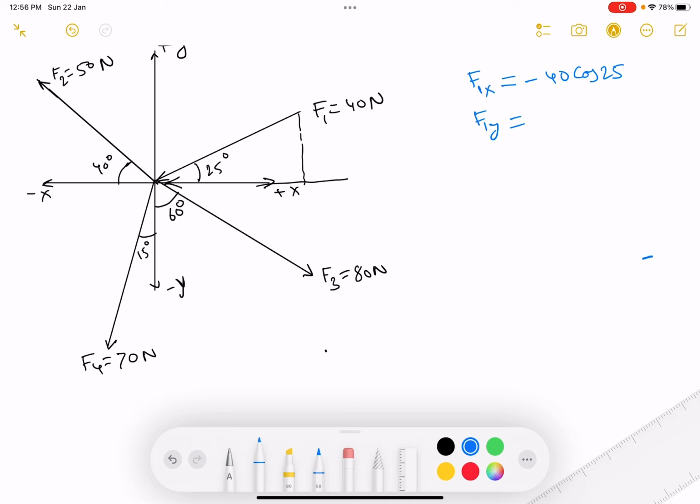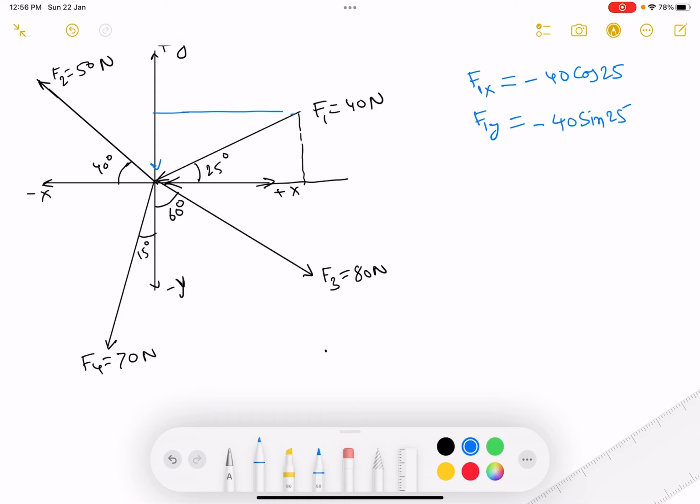So again we write 40 as the magnitude, sine 25, and then we put the sign of this component of the force depending upon the direction. Now look at this. F1, when you resolve along the y-axis, will be pointing downward because F1 is towards the origin. So after resolution, it will be pointing downward. That means the sign will be negative.